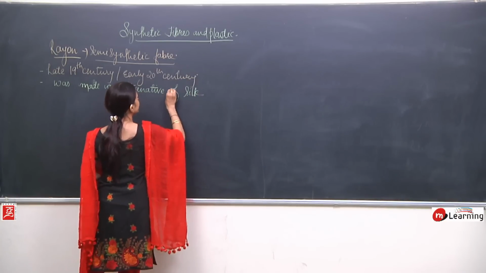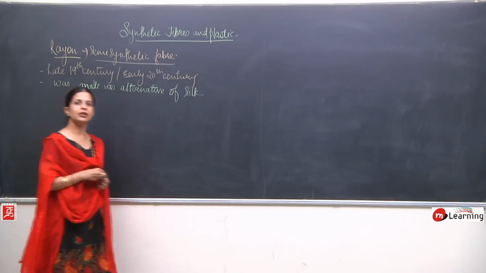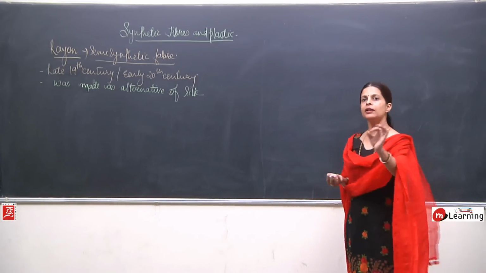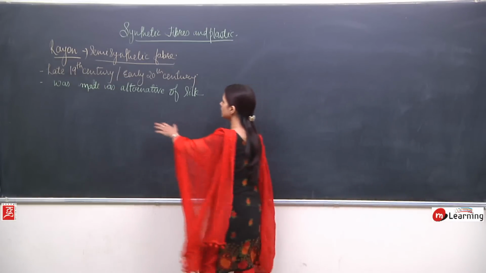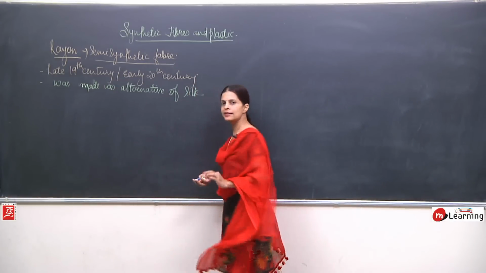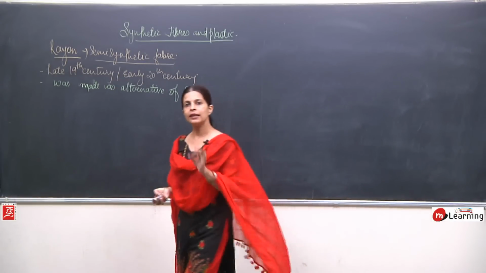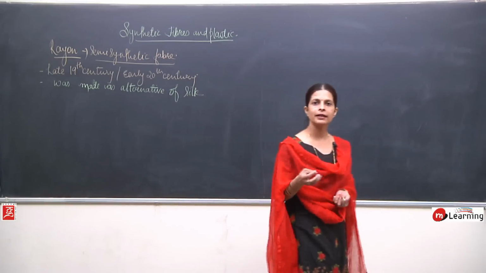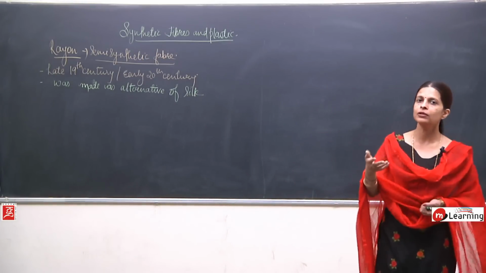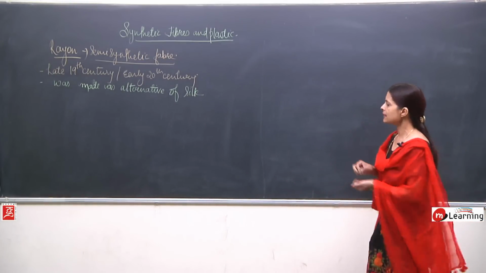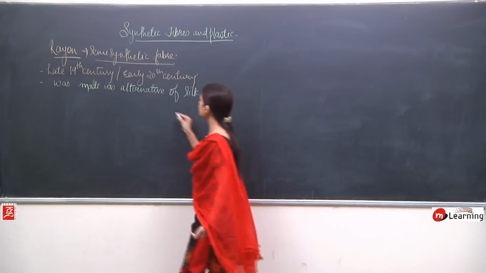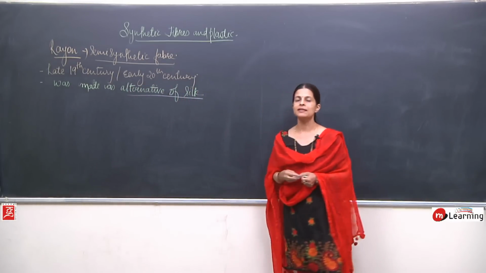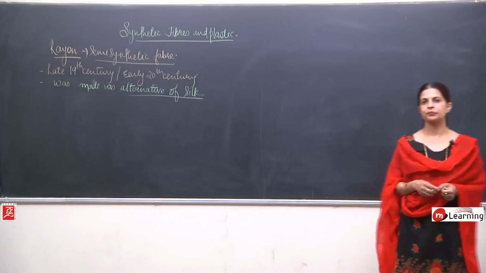Now when I am saying that it is used as an alternative of silk, the important word here is alternative. We can use one thing in place of another when the characteristics of both things are the same. Same is the case here. The characteristics of rayon and silk match with each other.